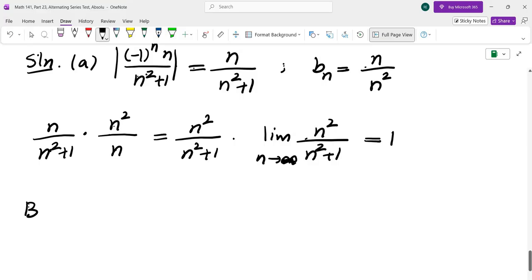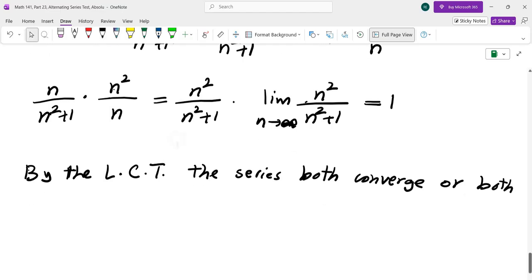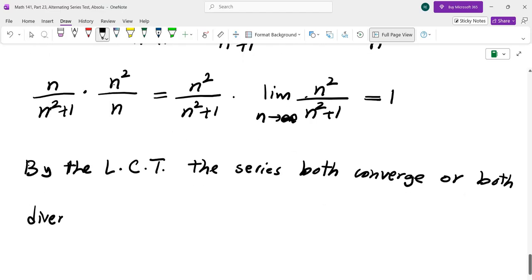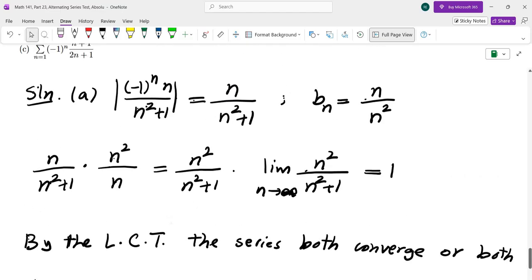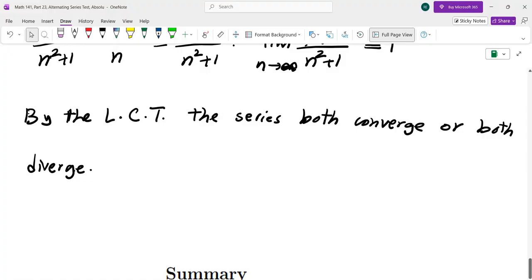Now, by the limit comparison test, the series both converge or both diverge. Note that both of these two sequences are positive, so we can apply the limit comparison test.